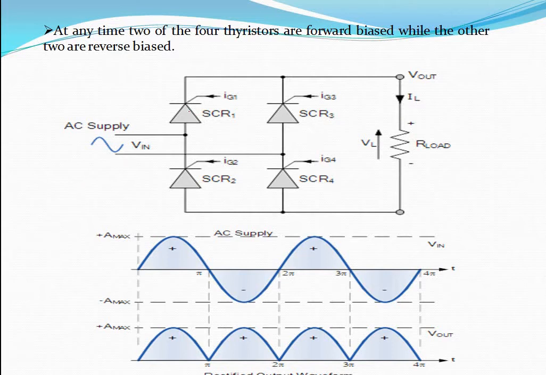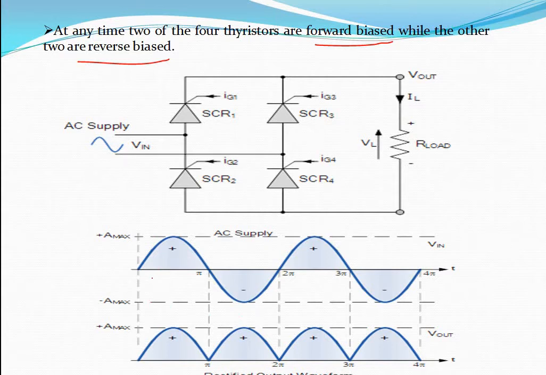This is a circuit diagram which consists of 4 thyristors, SCR1, 2, 3, 4, and an AC input voltage. At any time 2 of the 4 thyristors are forward biased, while the other 2 are reverse biased. The input voltage is the AC voltage, as you know, this is a representation of AC voltage.